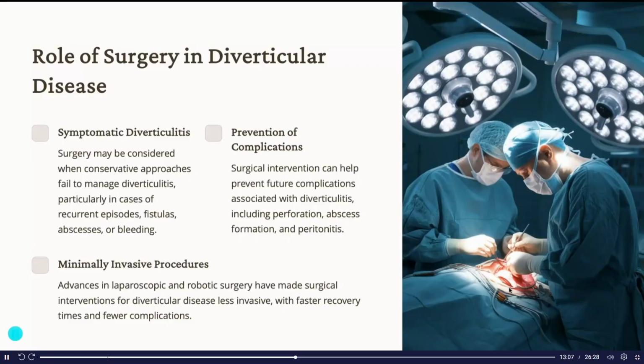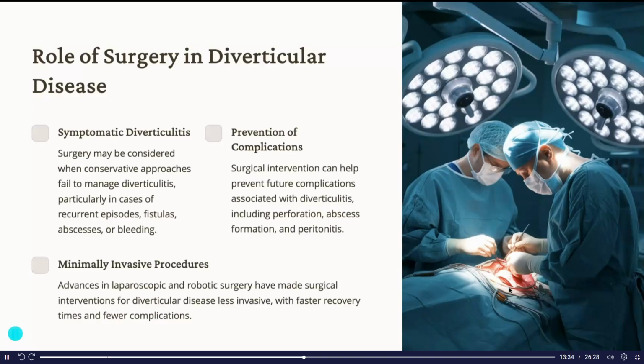So sometimes surgical intervention is warranted in diverticular disease. If other approaches like modifying lifestyle, modifying diet, and treating the inflammation don't work, then they might need to actually remove that part of the colon that is diseased.